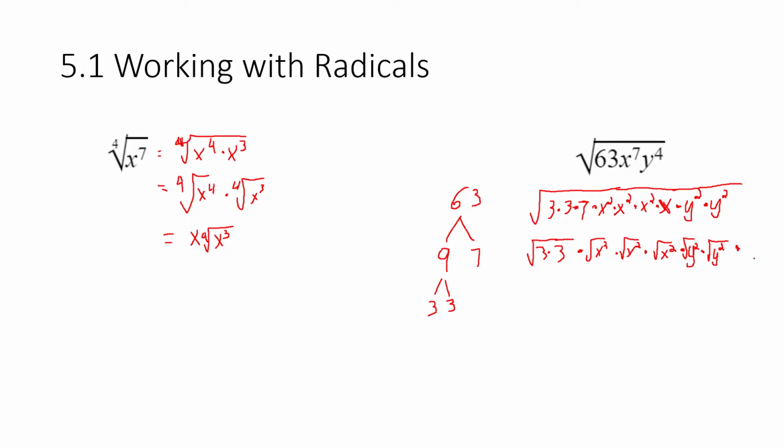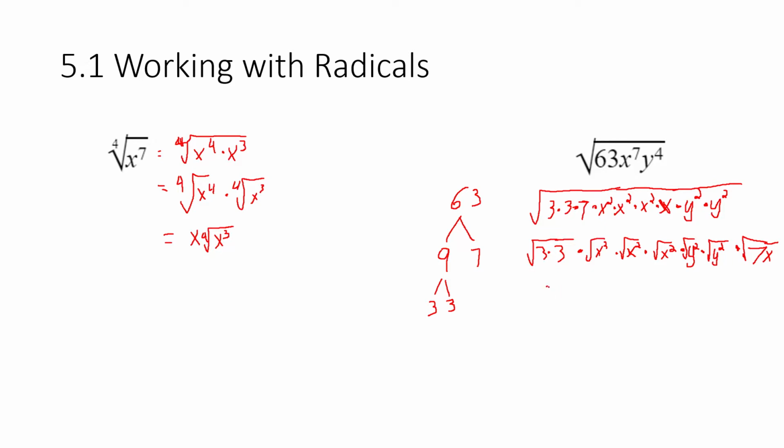So what we're left with, that will be what's left as our radical is 7x. It's a sloppy 7, but alright.